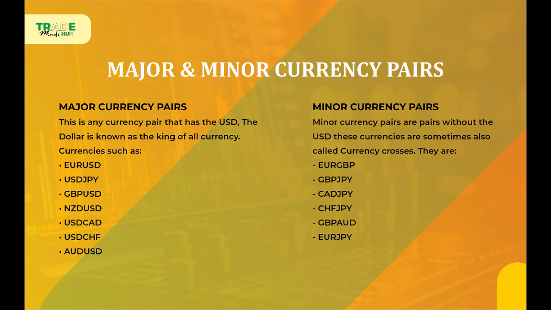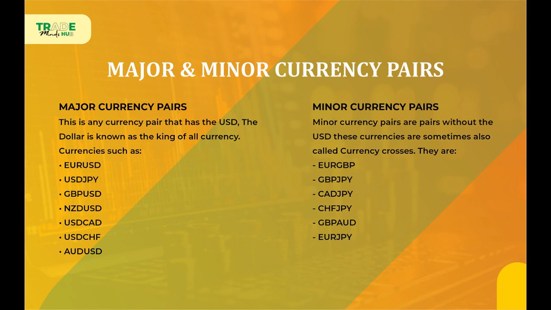New Zealand dollar doing business with the United States dollar is a major currency pair. But if it doesn't carry the US dollar, it's going to be a minor currency. So the minor currency pairs in here are Euro GBP, and the euro doing business with New Zealand.